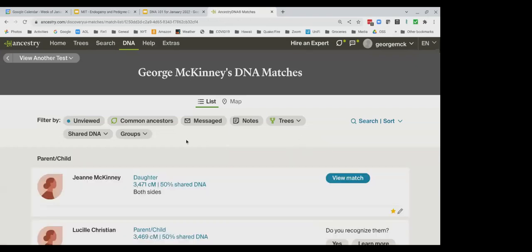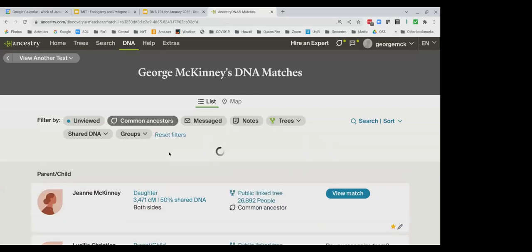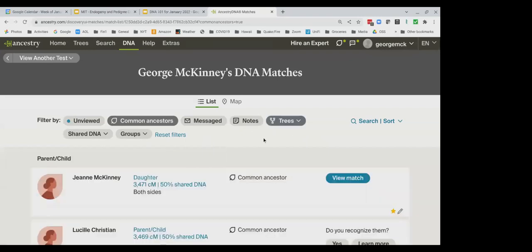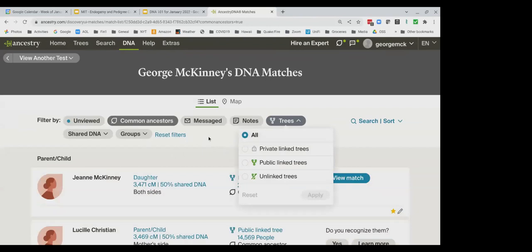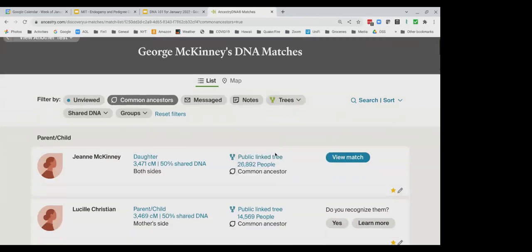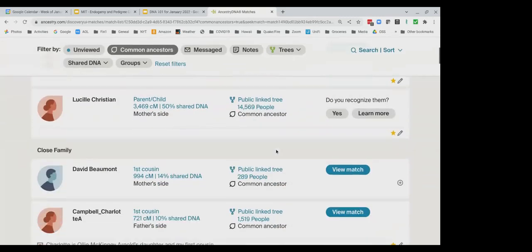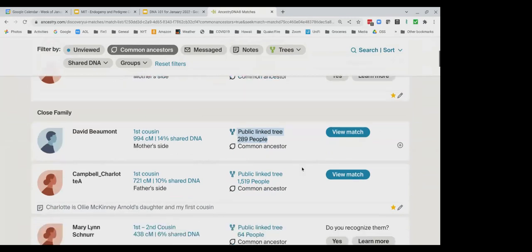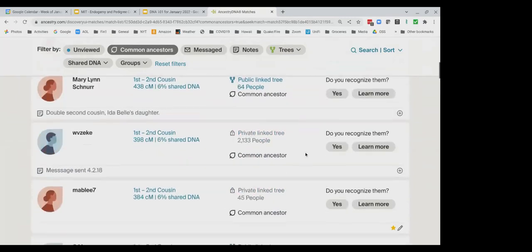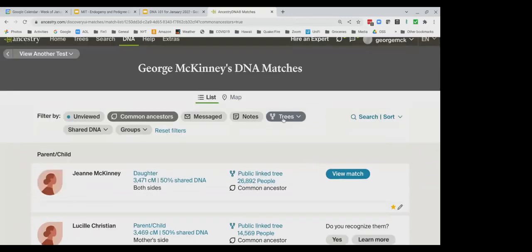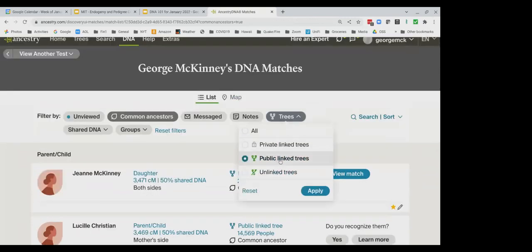So I could say I only want to look at people where they know what the common ancestor is, who have trees that I could look at. So I do that. And this is all people who have trees who have common ancestors. So David has a tree, for example, so I could look at his. And the trees, I only want public trees.